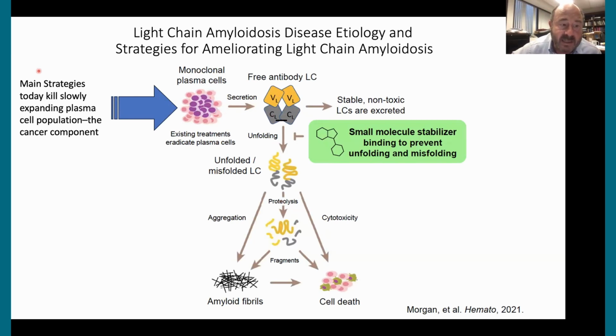So most of the time, these patients are treated by chemotherapy approaches or antibodies that kill the clonal plasma cells, and therefore you lower the protein concentration dramatically that can form these aggregates, and which leads to the demise of tissues that don't easily regenerate.